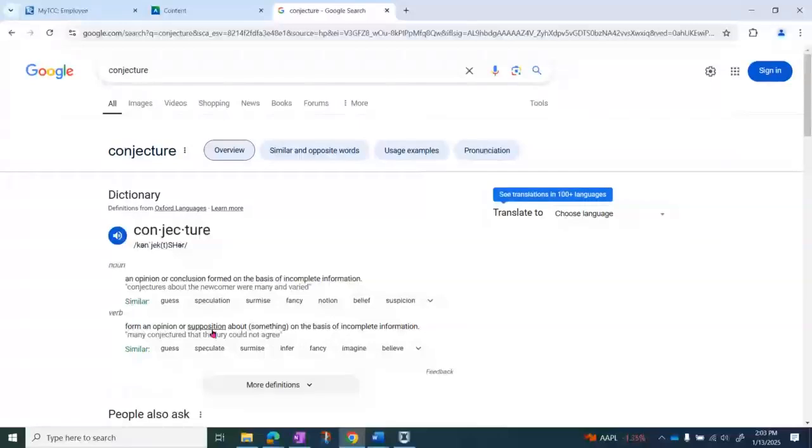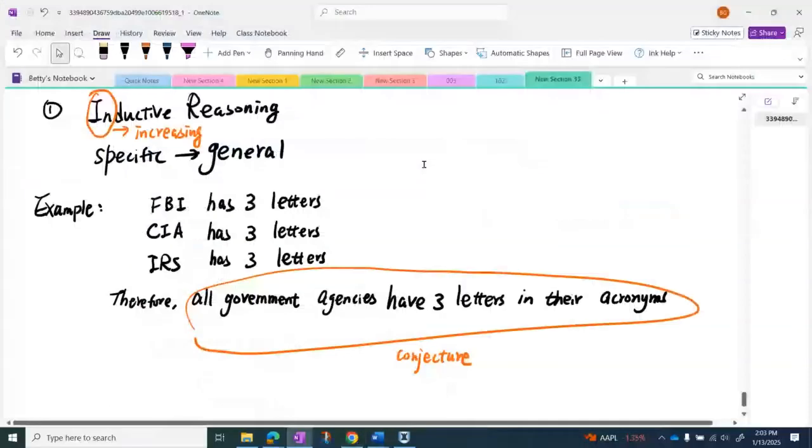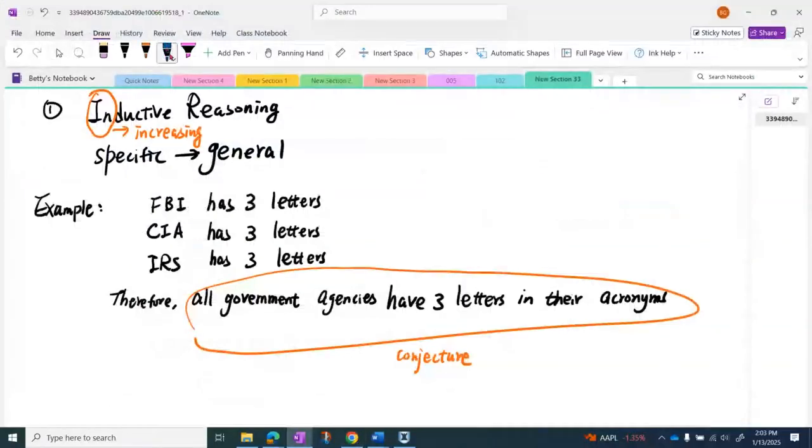The general meaning of the word is an opinion or conclusion formed on the basis of incomplete information. Yeah, my understanding is like a guess, since you don't have all the information needed to make a very reliable conclusion, you can only guess. Yeah, my understanding about this word is guess.